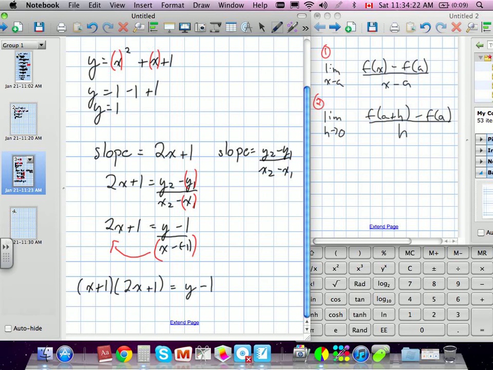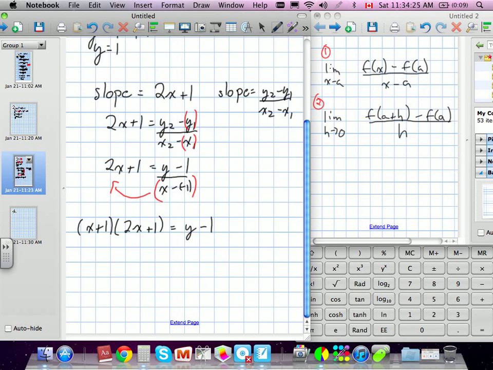We get 2x squared plus x plus 2x plus 1 is equal to y minus 1. We're going to bring that 1 over, so we get 2x squared plus 3x plus 2. We move that 1 over, it comes positive, right? Is equal to y.